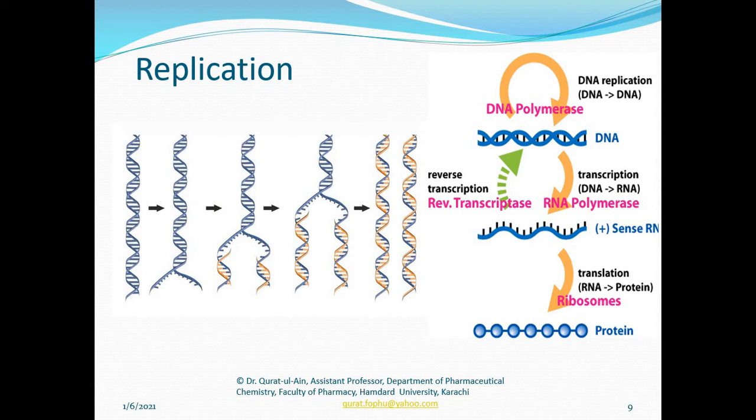So how does DNA synthesize DNA? Our DNA is in a double stranded helical structure, where the two strands of the DNA are twisted on each other. So a molecule of our DNA corresponds to two single strands of DNA twisted on each other.